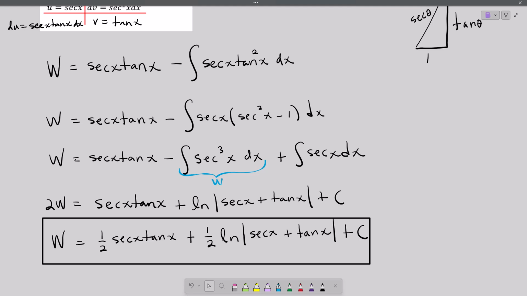When the power on secant is even, you can pull off secant squared and then let everything else be tangents, because the derivative of tangent would be secant squared. And if you have the power on tangent being odd, you can pull off a sectan, turn everything else to secants, derivative of secant is sectan. So if the powers aren't even on secant or odd on tangent, then we're not going to be able to do that.